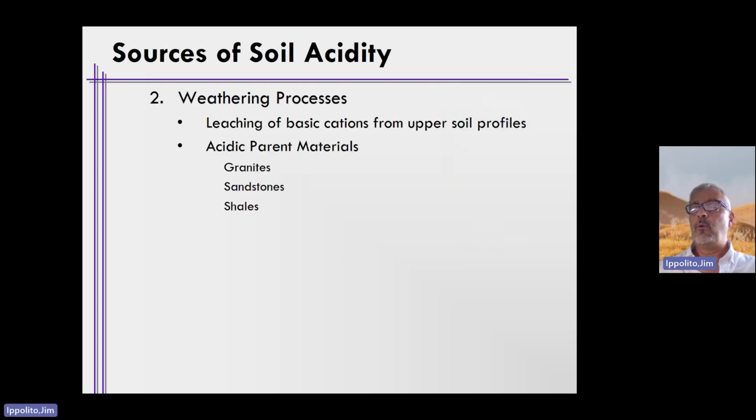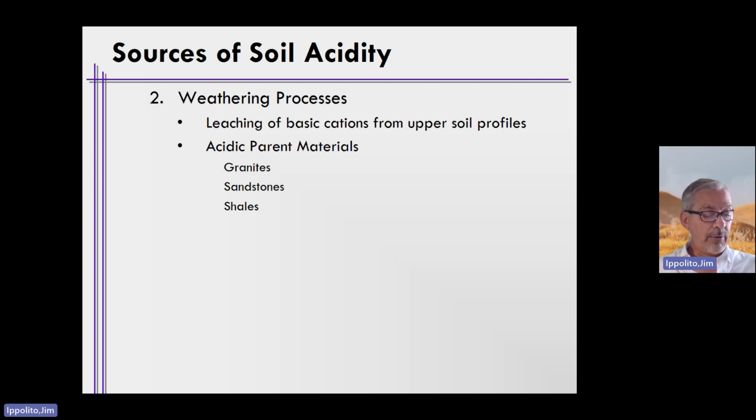The second form of acidity that we find in soils is due simply to weathering. And this is the leaching of basic cations from the upper portions of the soil profiles, as well as the potential of soils to form from acidic parent materials like granites or sandstones or shales, which all can generate acidity, specifically granites.